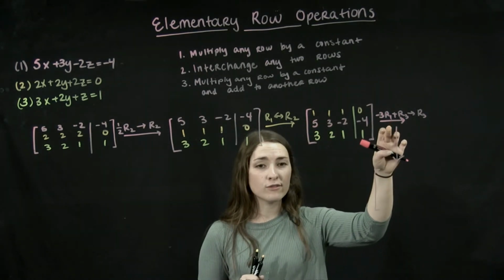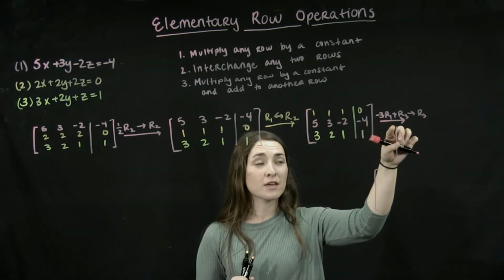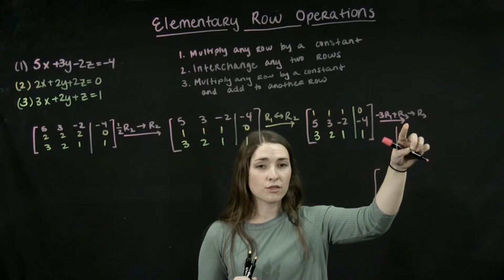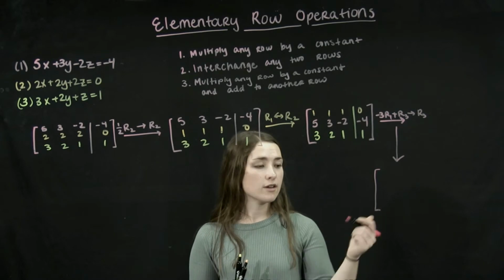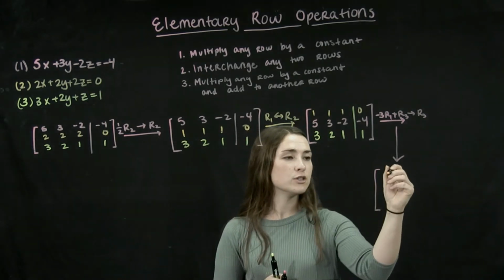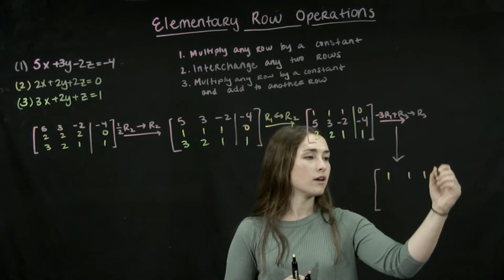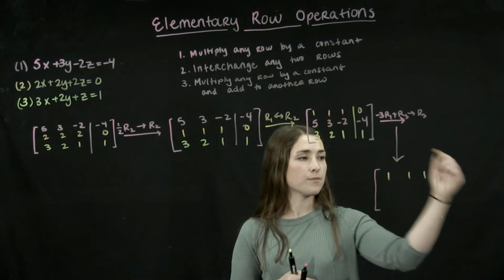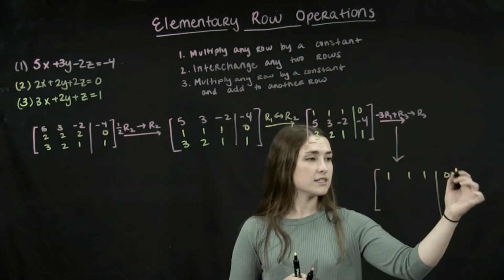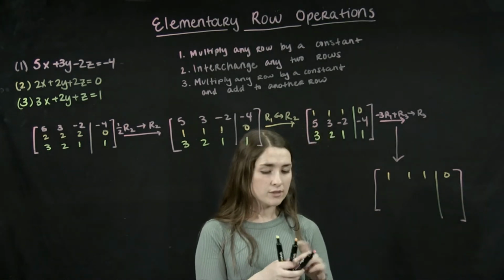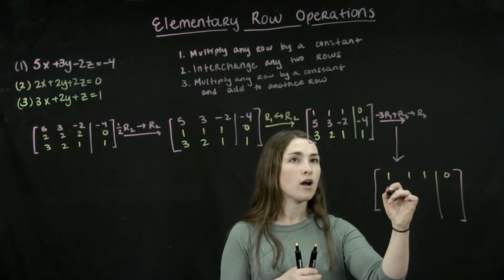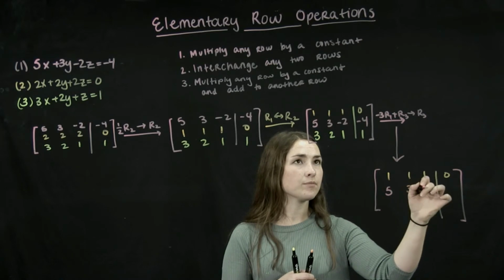So row 1, even though we're multiplying it by -3 and adding it to row 3, there's nothing being changed about row 1. So we'll see that reflected here as we just have 1, 1, 1 as our row here. It's going to stay exactly the same. We're changing nothing about that. Once again, we're keeping our row 2 the same.